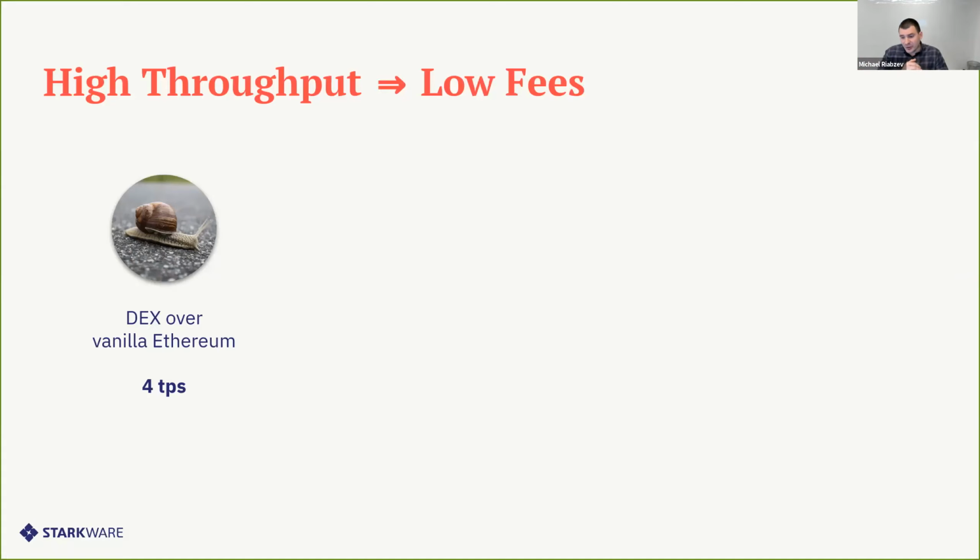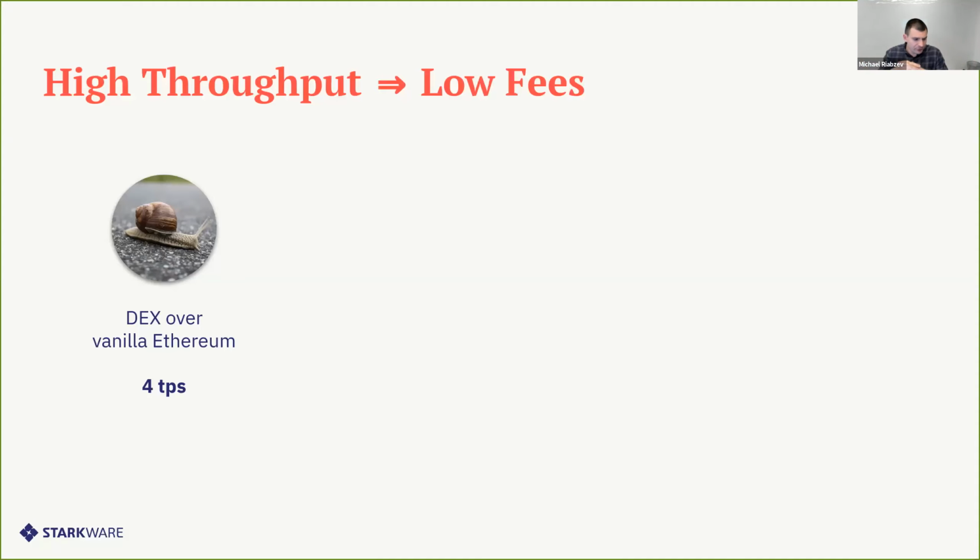What does it say? It says that if there are 5 people that want to send transactions in a second, the 5th person would have to provide a higher fee in order to compete with the 4 that came before them. And of course, if you have more and more people, that gives a race of people offering higher and higher fees.